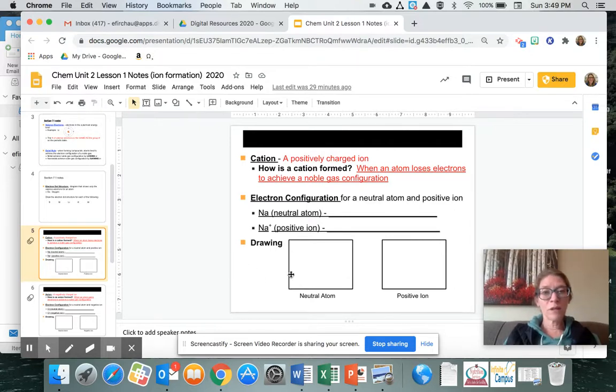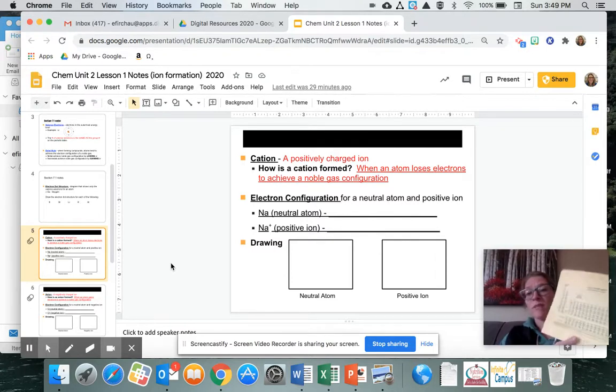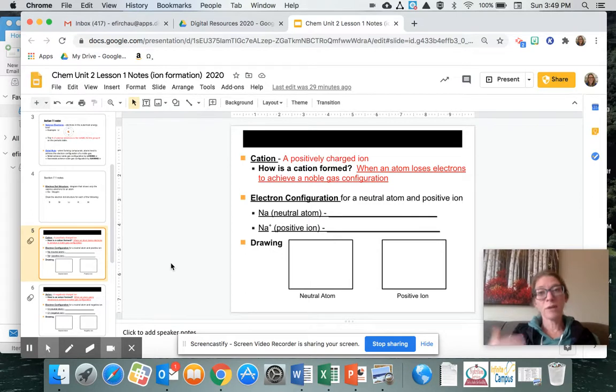So if we look at sodium as a neutral atom and as a positive ion, if you find sodium on the periodic table, sodium has an atomic number of 11, which means it would have 11 protons, which means it would have 11 electrons. So I'm going to write that off to the side here. So sodium would have 11 protons and 11 electrons.